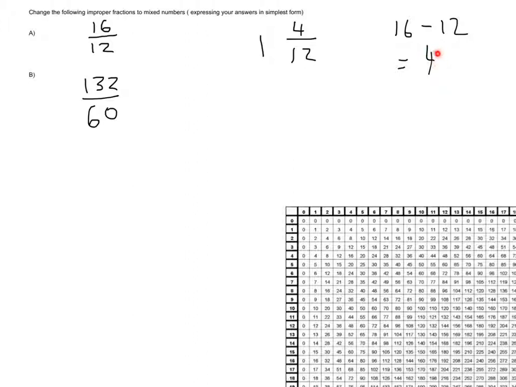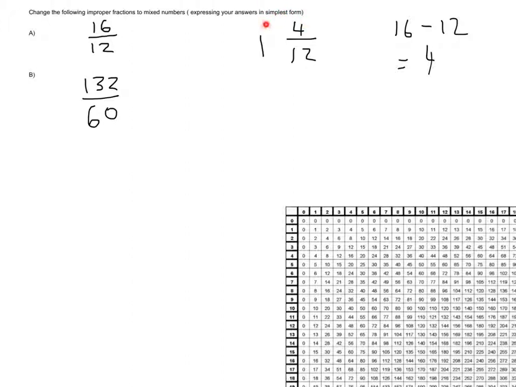And that remainder becomes the numerator. And as we just said earlier, we leave the denominator the same. So far, so good. We actually changed this improper fraction to a mixed fraction. But the question's asking to make sure that we express it in its simplest form.